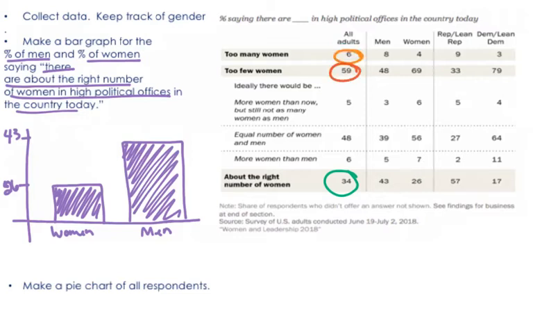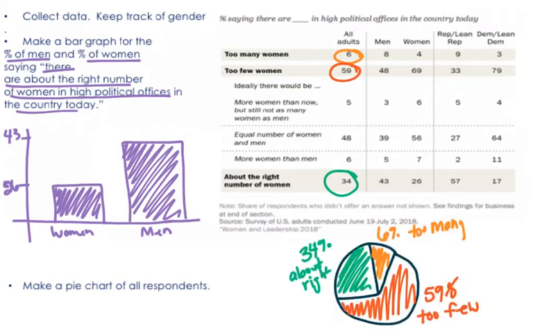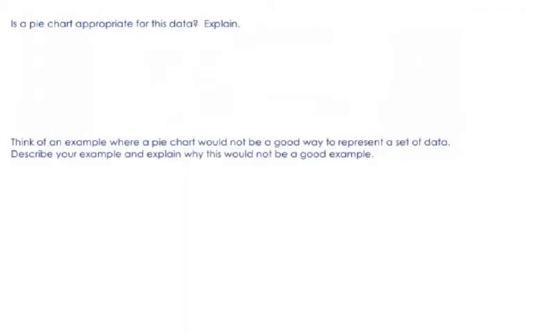First thing I'm going to do is redo the colors a little bit, just to keep it more on track. So here's what a pie chart looked like. 34% of all people said they were about the right number, 6% said there were too many, and then 59% said too few. So your pie chart should be in line and proportional with those categories.